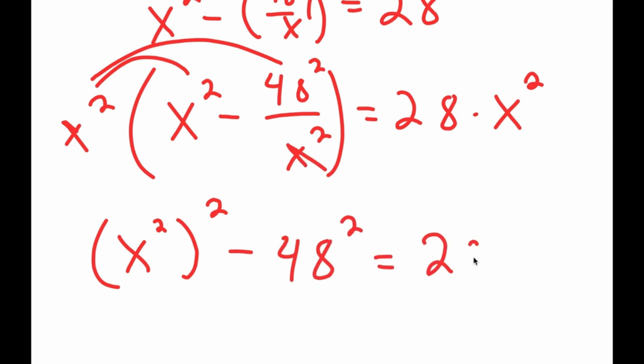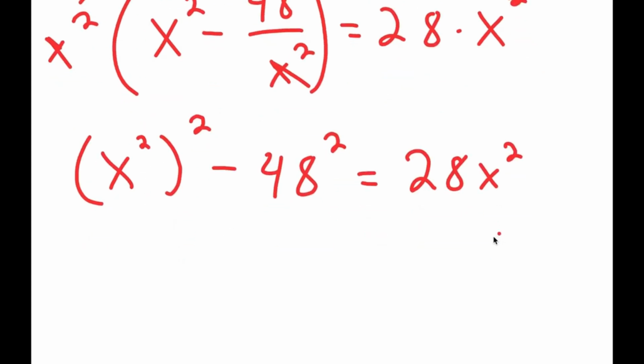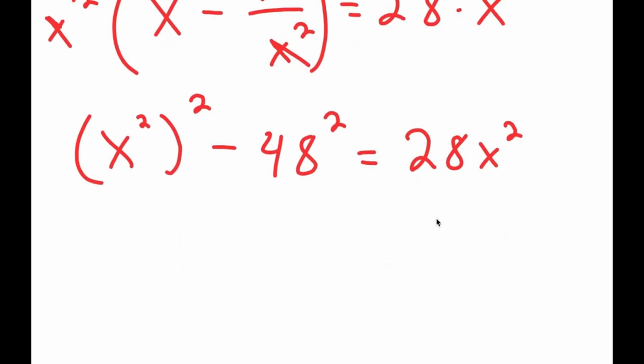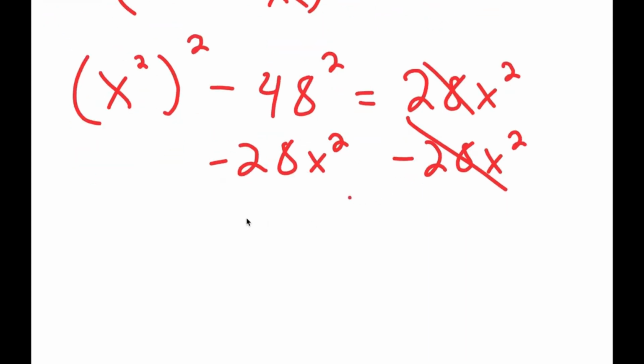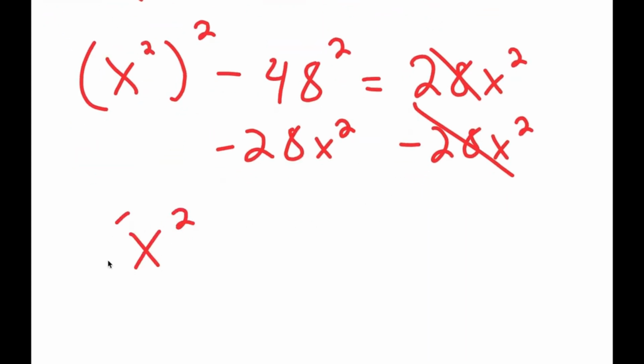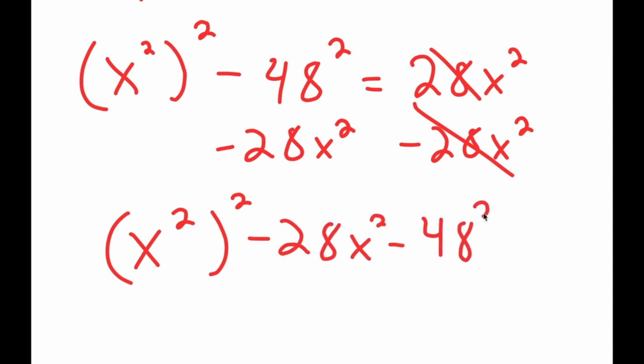And now this is equal to 28x squared. Now I'm going to subtract 28x squared on both sides. So I get x squared to the power of 2 minus 28x squared minus 48 squared is equal to 0.